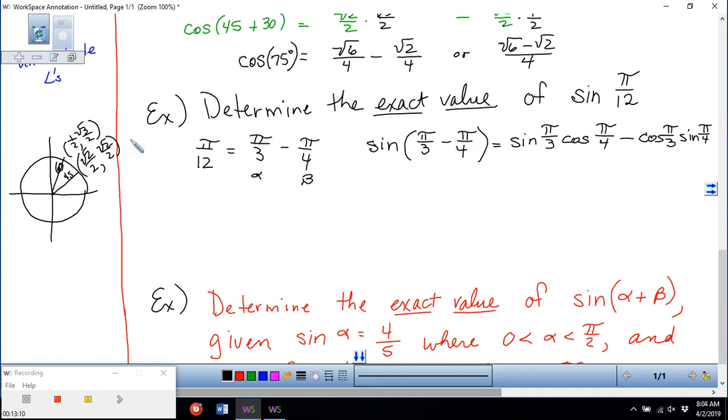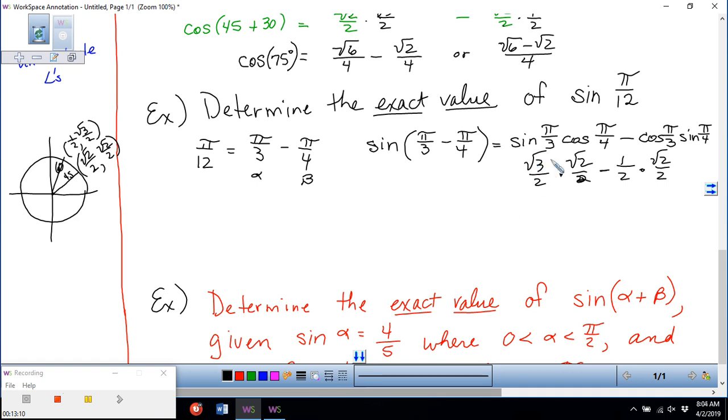Sine of pi over 3 is the second value at 60 degrees, radical 3 over 2. Cosine of pi over 4, the first value, is radical 2 over 2, minus cosine of pi over 3, 1/2, times the sine of pi over 4, radical 2 over 2.